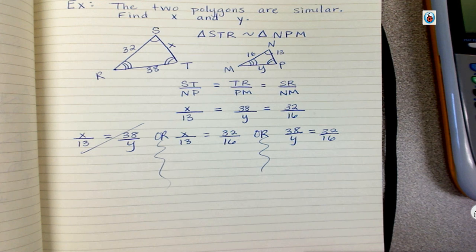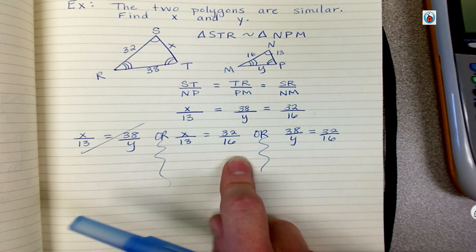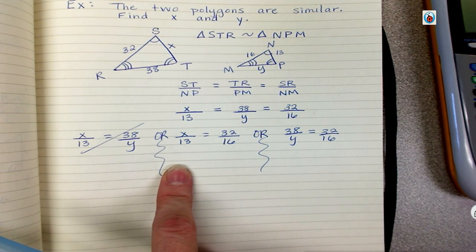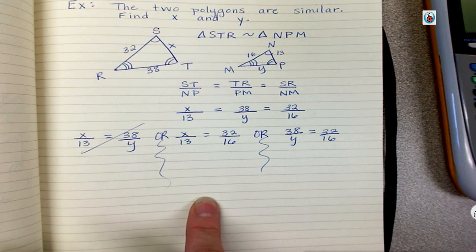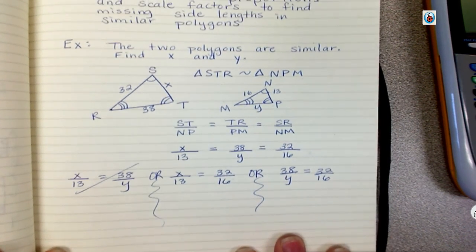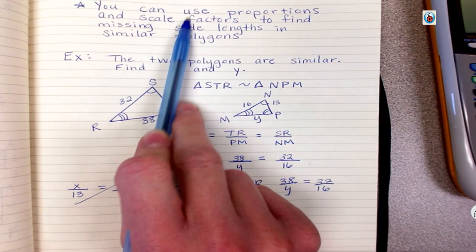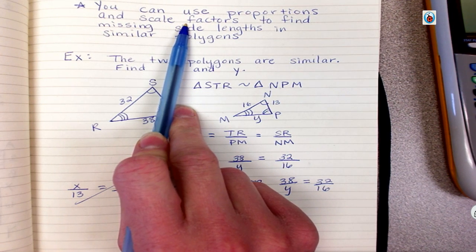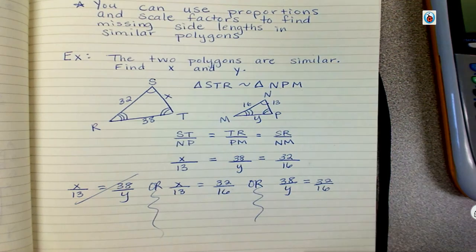Now, you can use these large numbers, and you can cross multiply with these very, very large numbers and get your answer. Or, instead of using those large numbers, you can use that scale factor that we talked about earlier. So I'll do it both ways, and I'll show you how to do each.